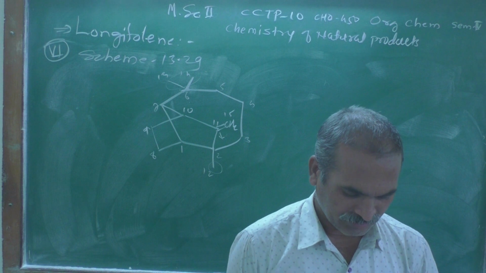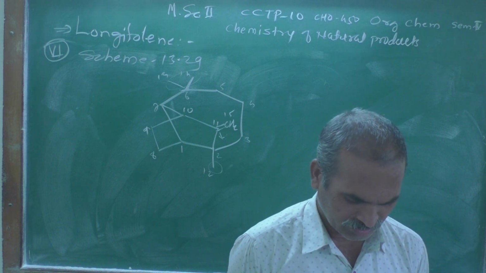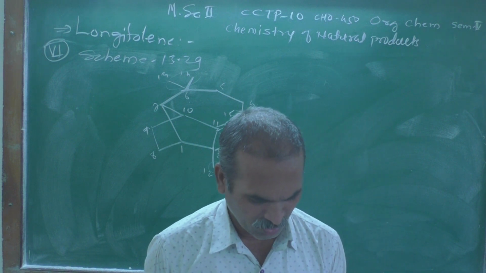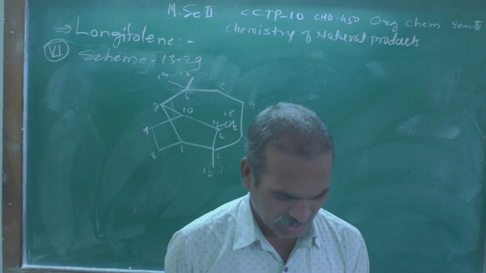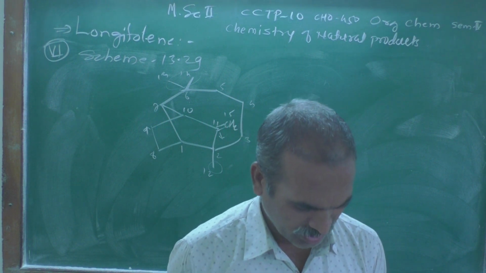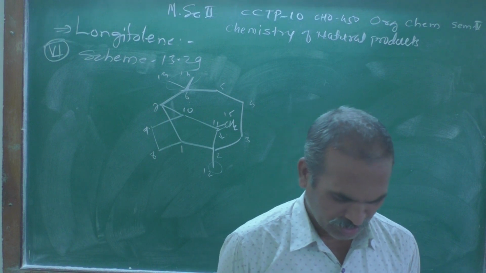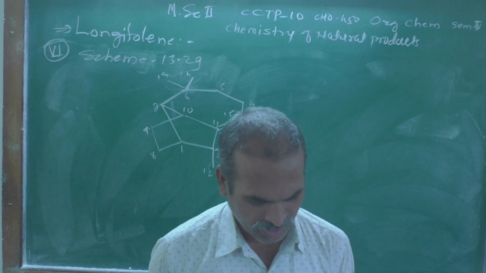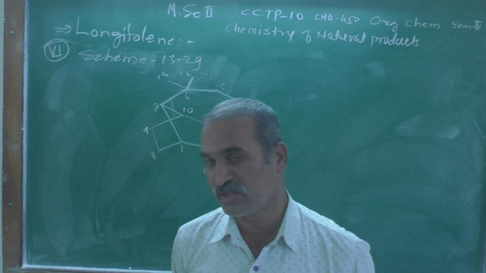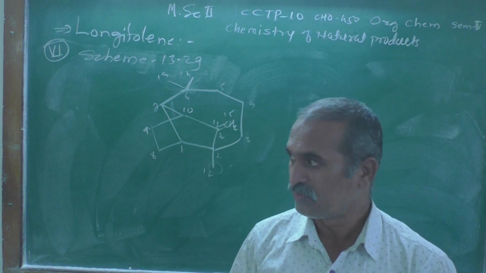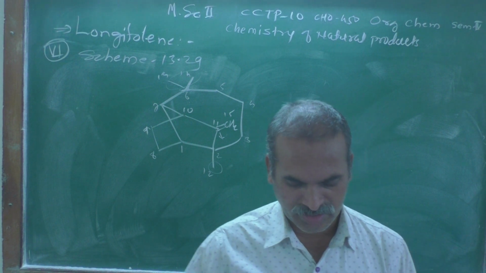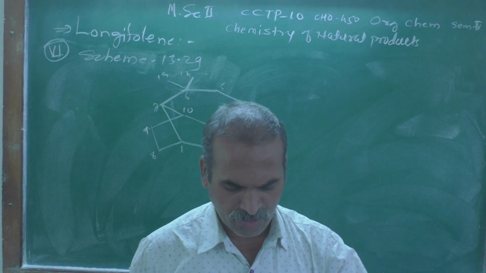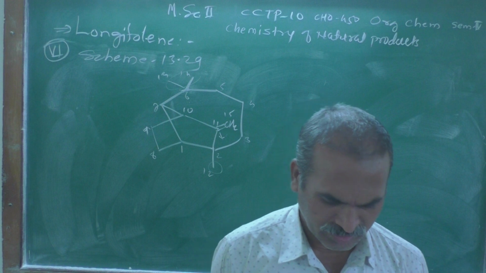In step E, the C12 methyl group was introduced by enolate alkylation, and the C15 methylene group was installed by a Wittig reaction, which we already discussed with the mechanism also.